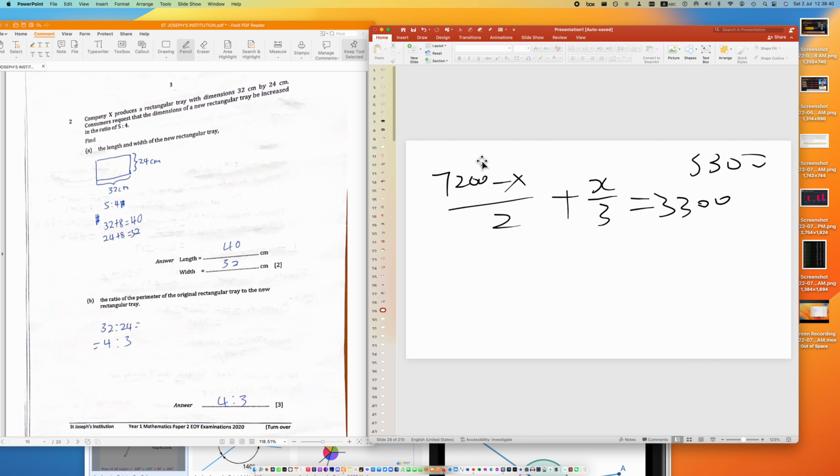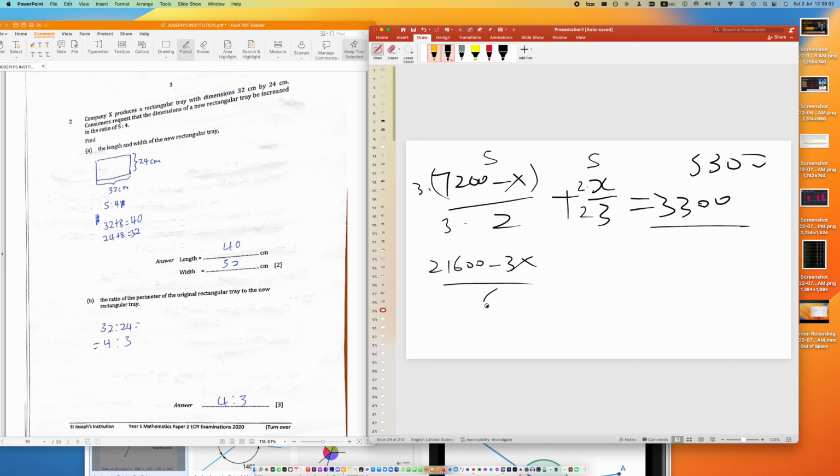Yes, so this one is in seconds. This one is a second, so this one must be in seconds as well. Okay? Then what you need to do is just multiply by 3 and by 2. So you end up with 3 times this, 21600 minus 3x, over 6 plus 2x, equals 3300.